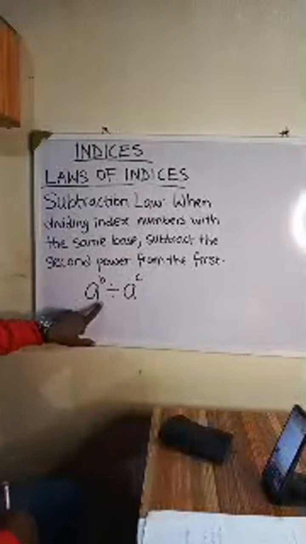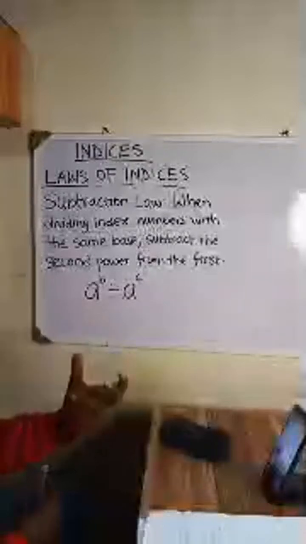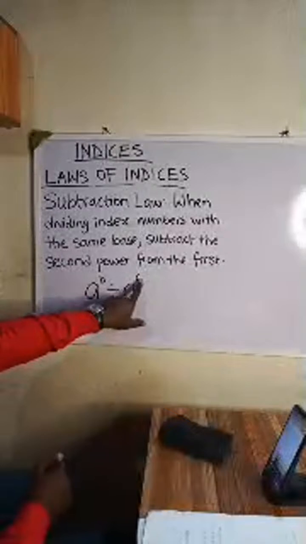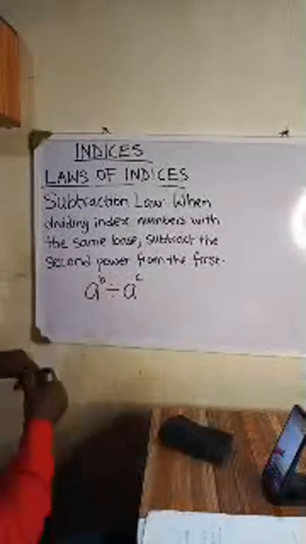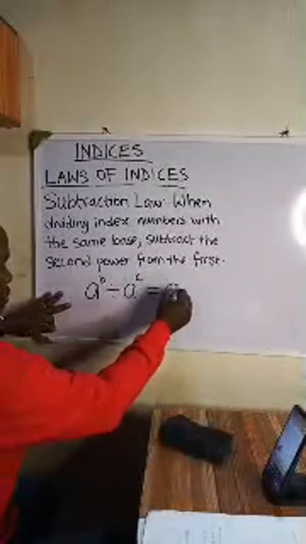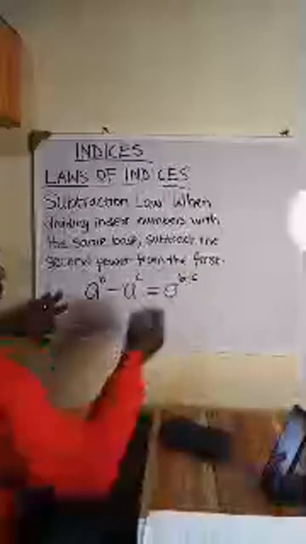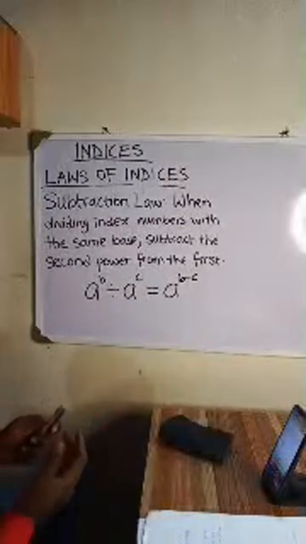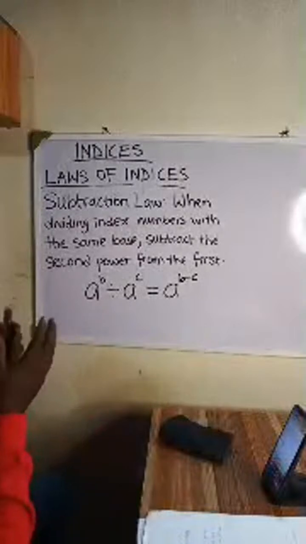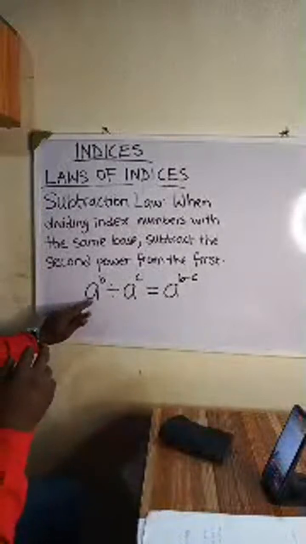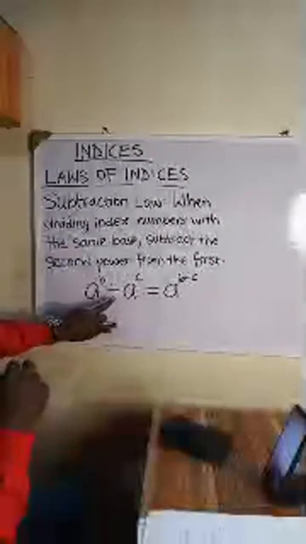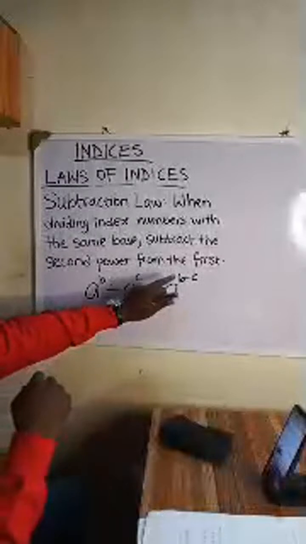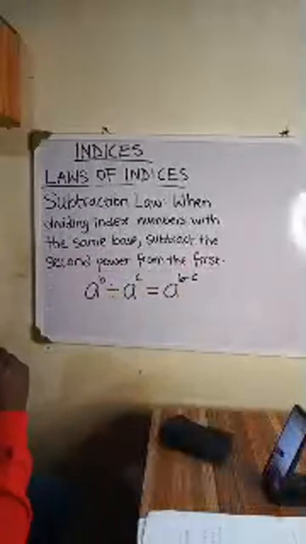Bases are a. So all you need to do is subtract the second power from the first power. So what you're going to have is a to the power of b minus c. A to the power of b divided by a to the power of c is the same thing as a to the power of b minus c.